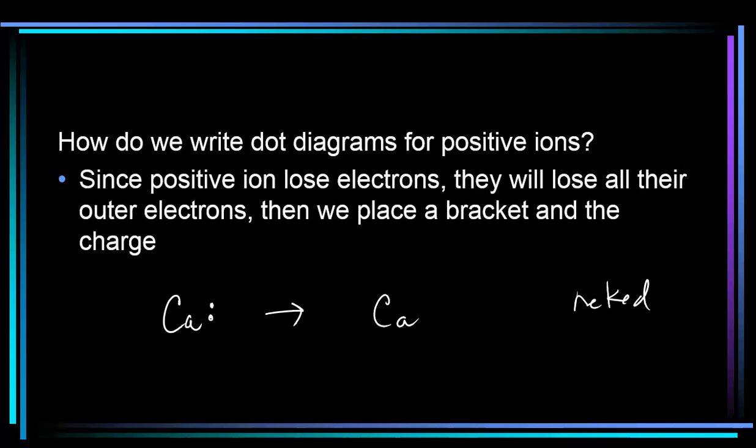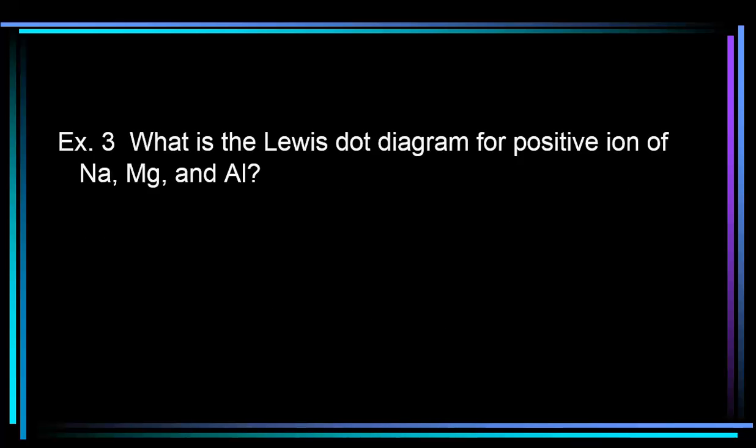All right, totally naked of any electrons, with brackets and a charge. So you've got to have brackets, you've got to have a charge. And then the metal ion. What's another name for a positive ion? A cation.